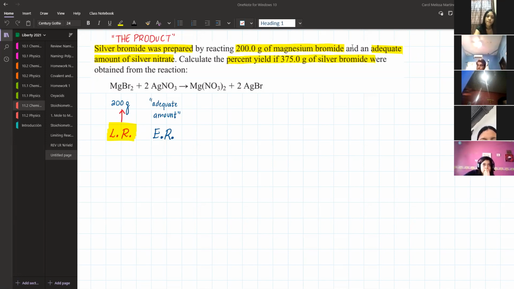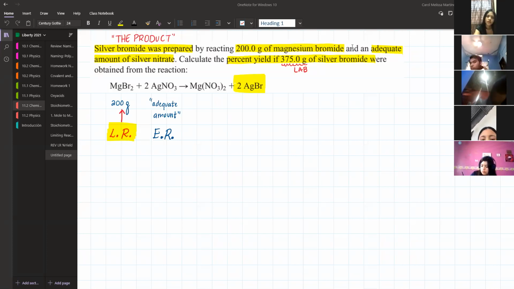Actual. Okay, when it says "were obtained," it means that the 375 are obtained from the lab. So which one is silver bromide? 1, 2, 3, or 4? 4. Okay? In other words, the product that I care about is just silver bromide, which is this one.